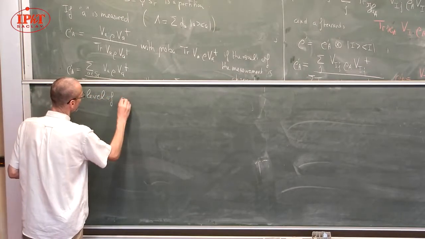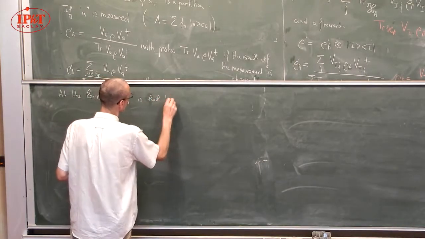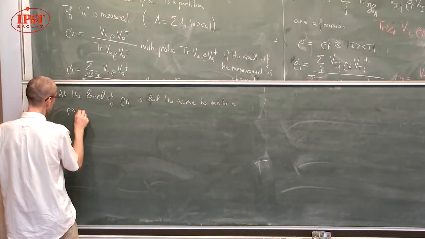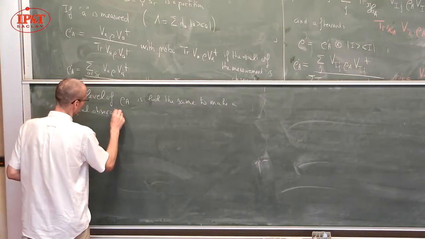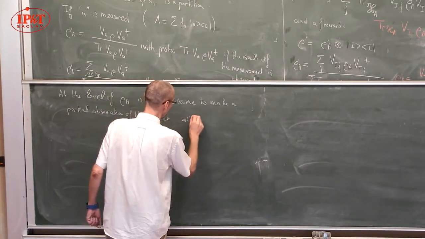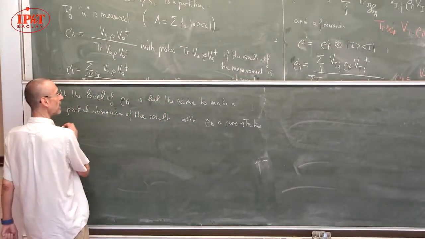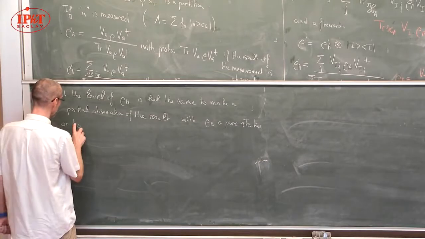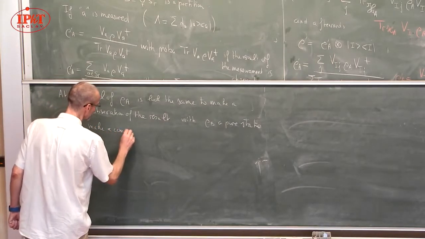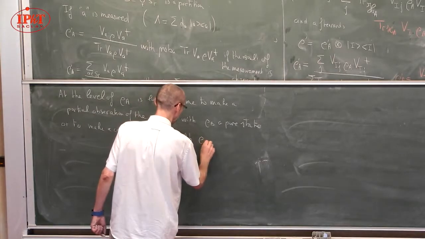the level of rho A, it is impossible. It looks the same to make a partial observation of the result with rho B a pure state, or to make a complete observation with rho B a density matrix.